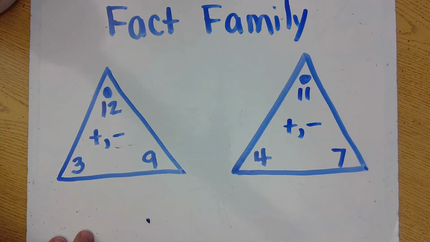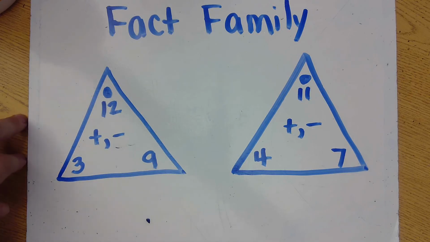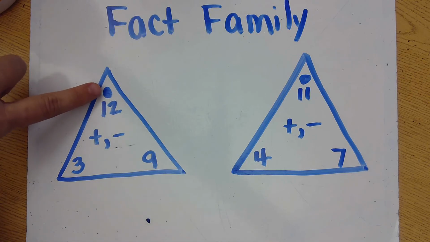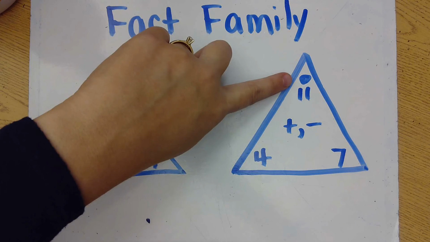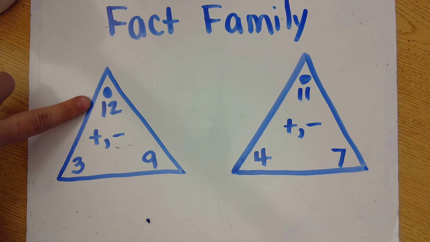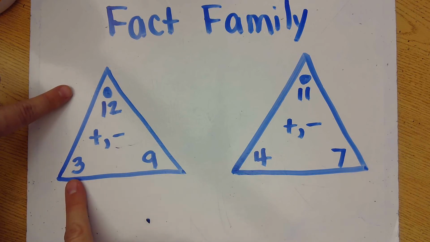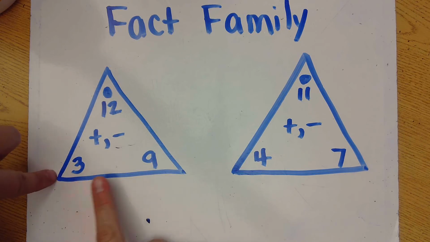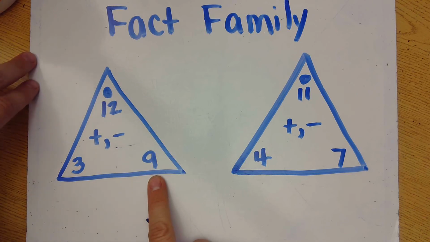All right, boys and girls, now it's your turn to try this on a whiteboard, or you can try this in your spiral notebook. I would like you to draw these 2 fact family triangles. Remember to put your dot at the very top. That's where the largest number goes. So in your first triangle, you're going to draw a 12 at the top, a 3 in the left corner, a 9 in the right corner.